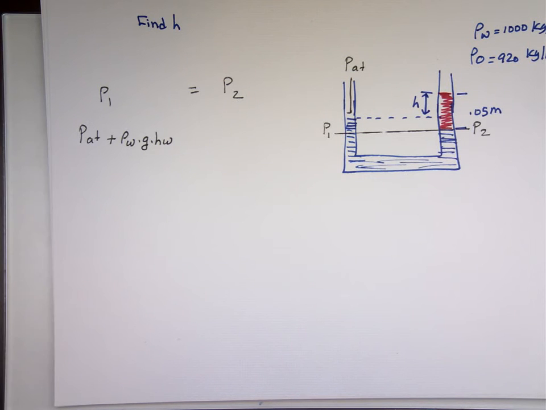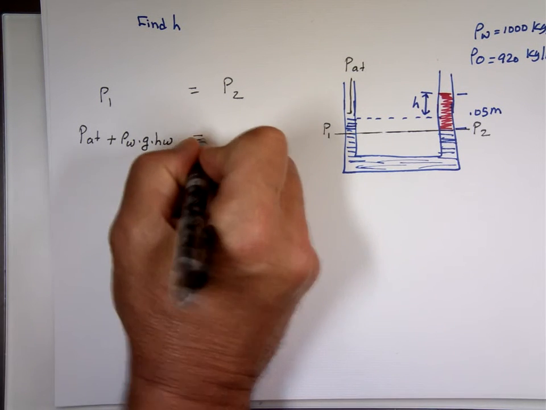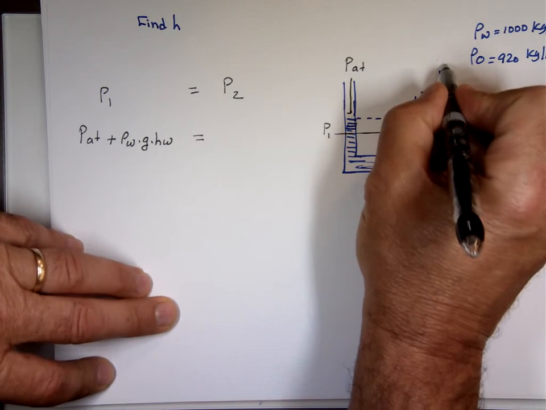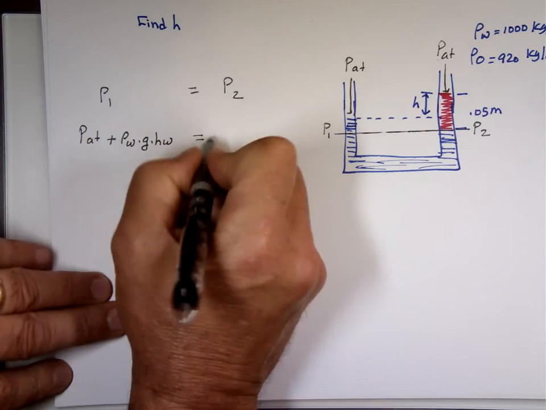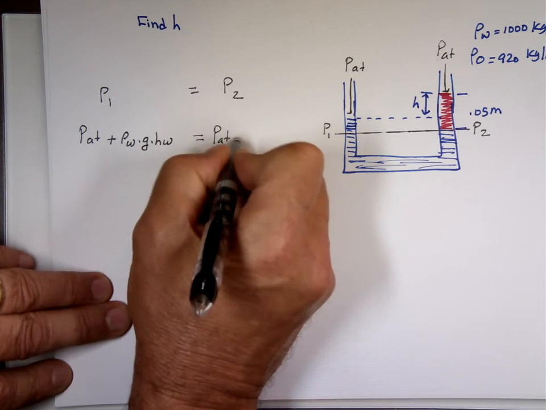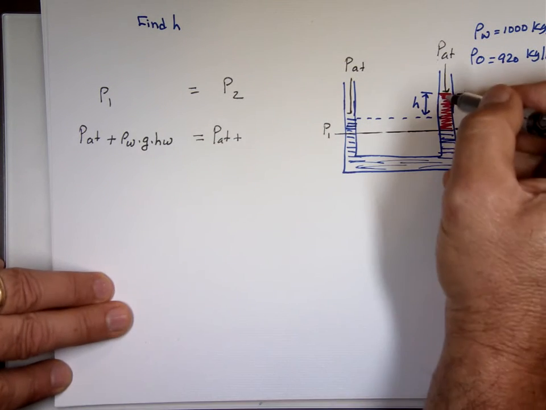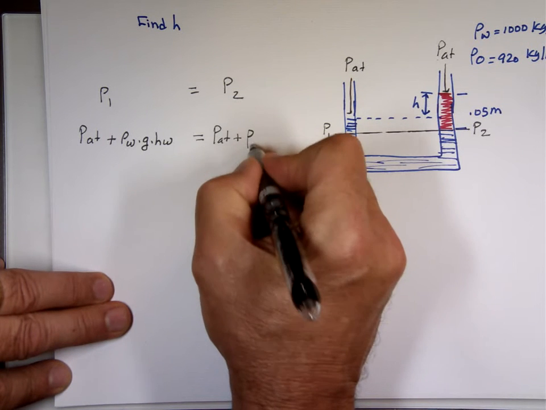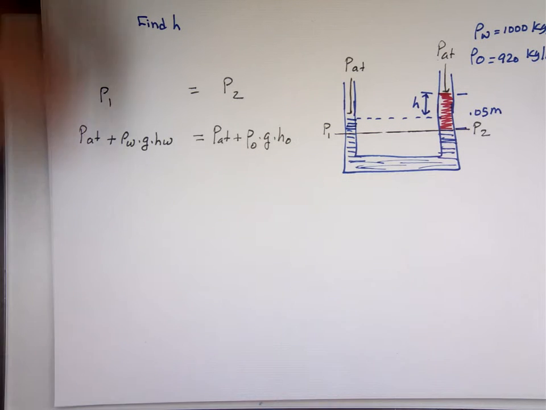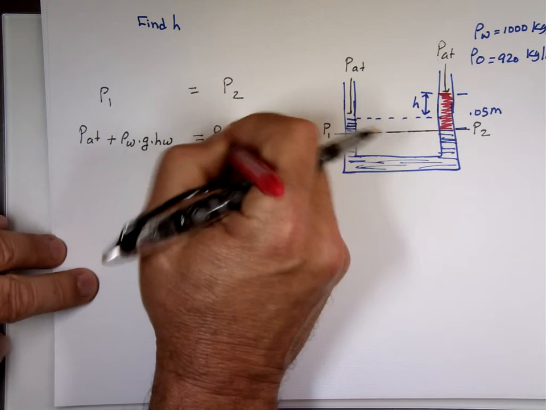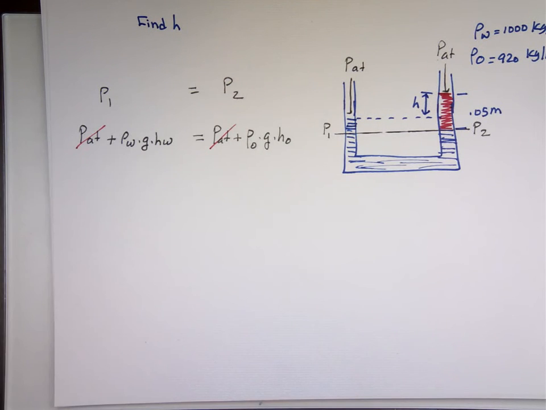At point 2, we have the atmospheric pressure pushing down, plus rho for the oil times gravity times the height of the oil. You can see mathematically, P atmosphere will cancel out. It's on both sides of the equation. If I move them to one side, you're subtracting the same thing. They cancel out.